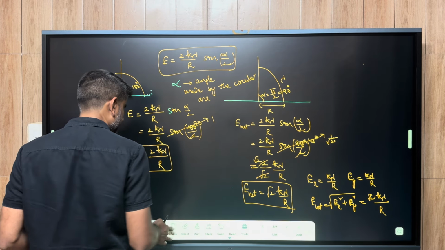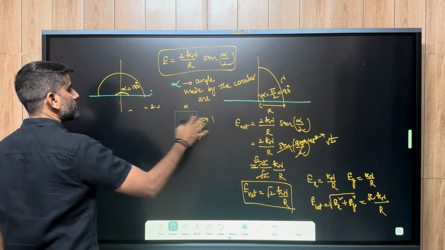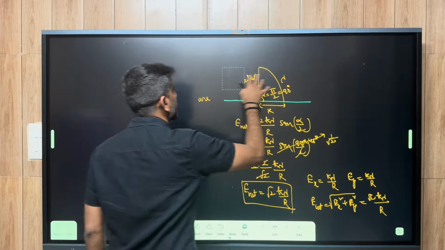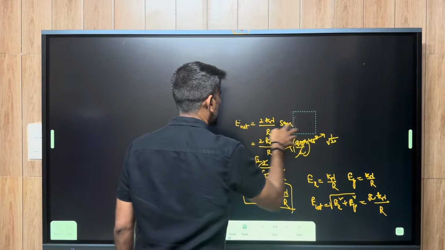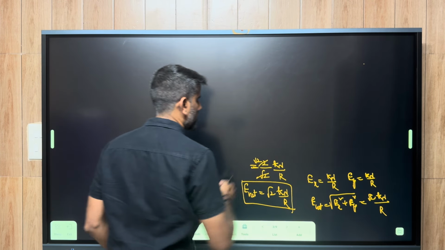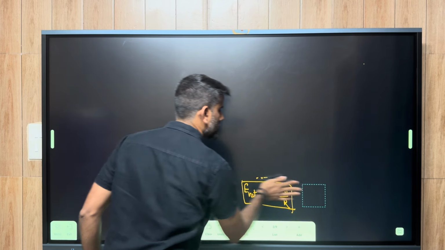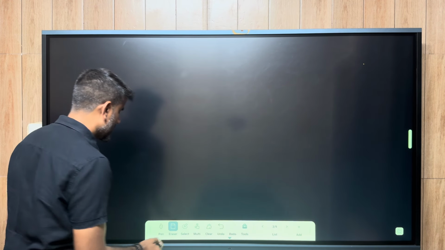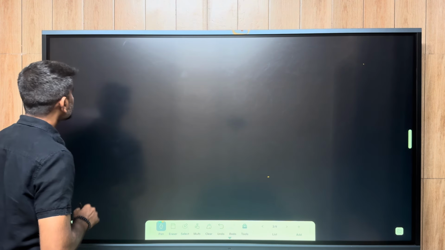Okay, let's erase the entire thing. Let's discuss some more examples on circular arcs. Right. Now let's look at one more example.